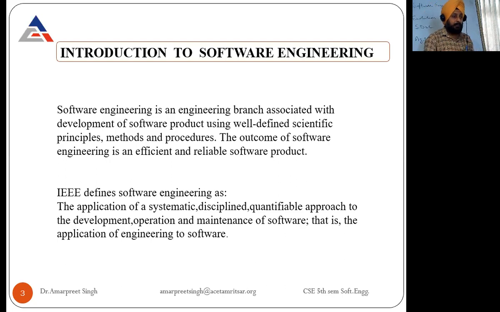So it deals with right from the development of the software, all the operations which are there in a software product, and also taking into account the maintenance of the software. So this is actually what is the software engineering.